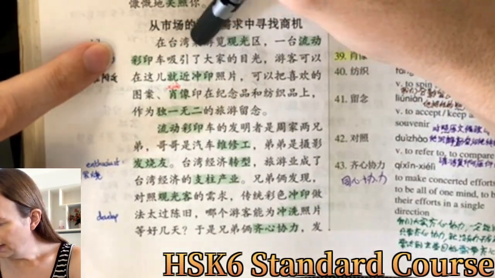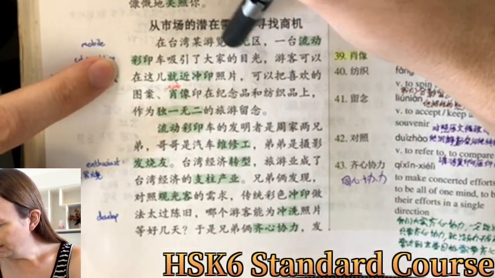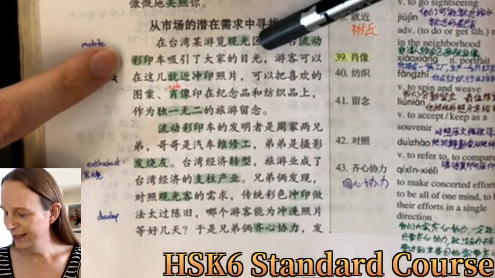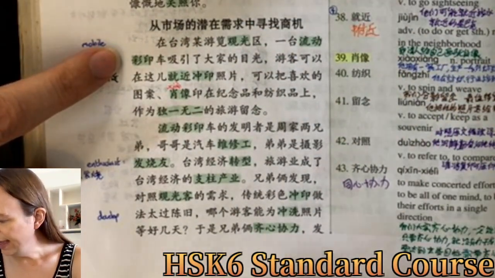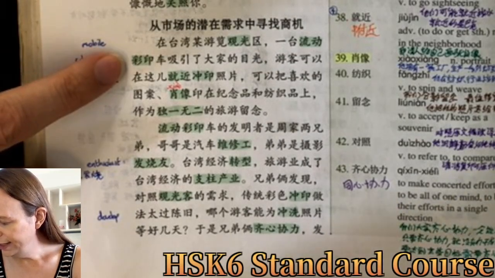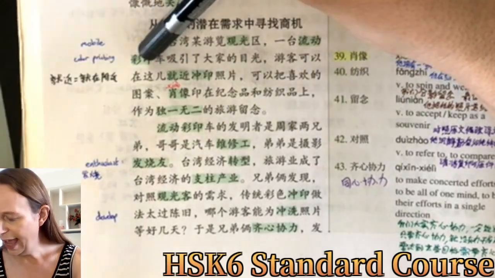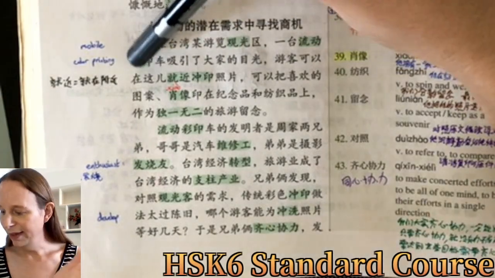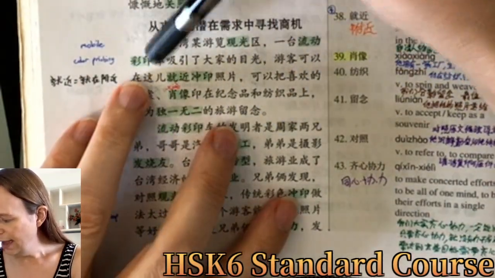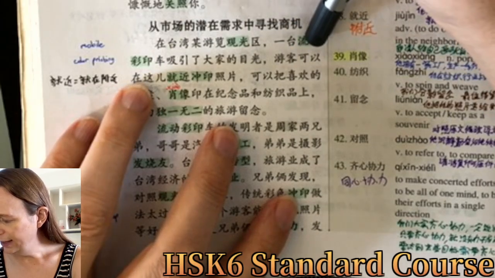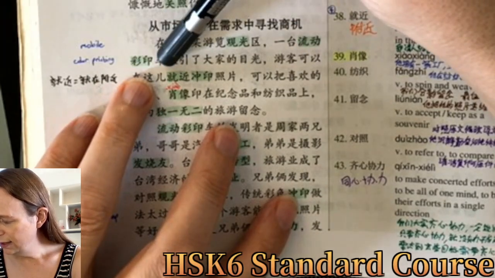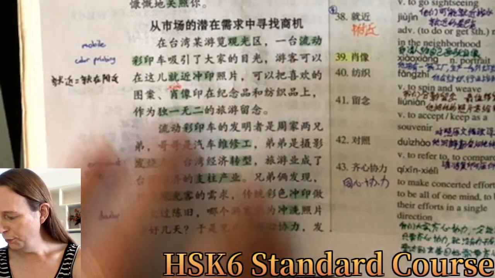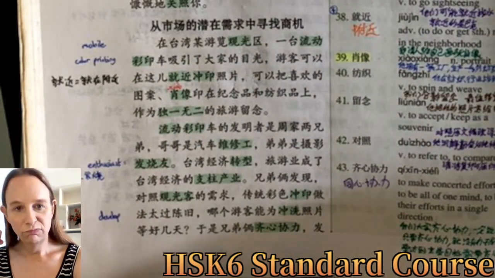在台湾某游览观光区，so Taiwan's tourist area，一台流动财印车，yeah we saw 财印 before didn't we? Anyway 财印 here it's color printing，一台流动财印车。吸引了大家的目光。I don't know.